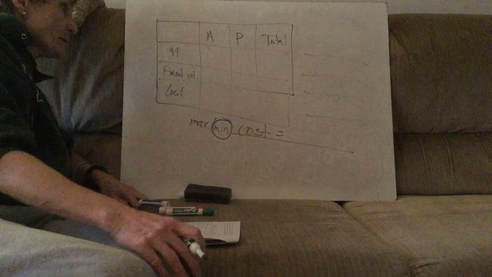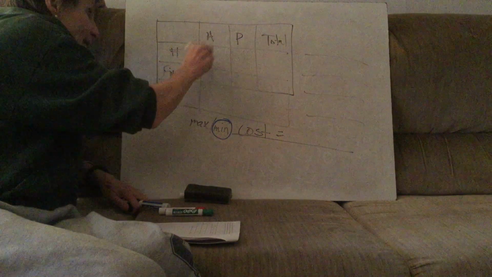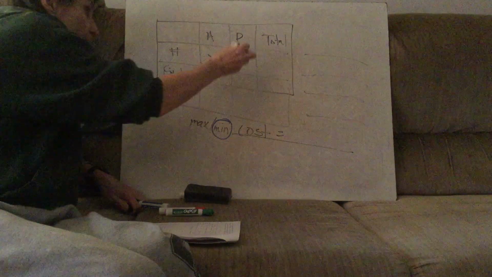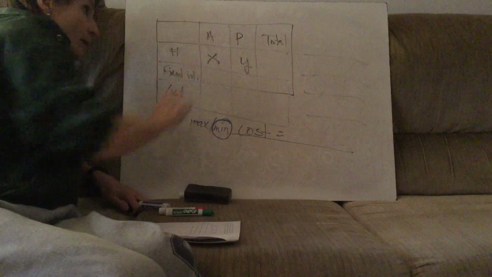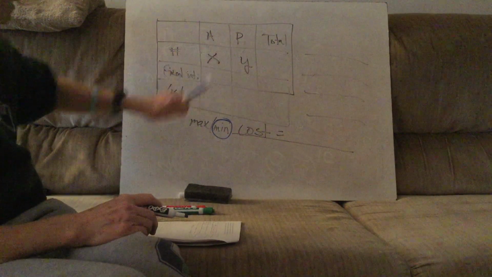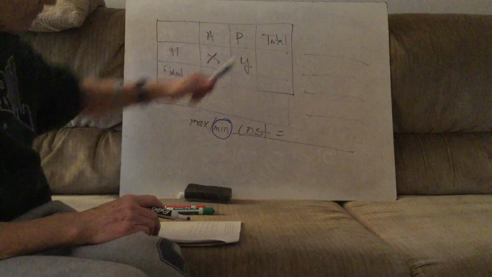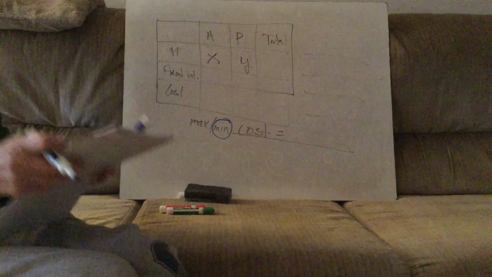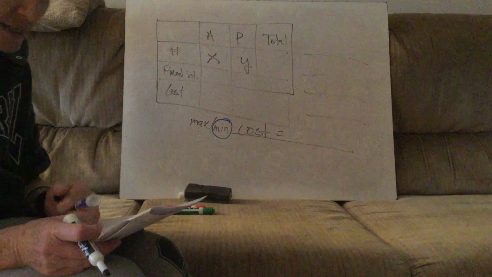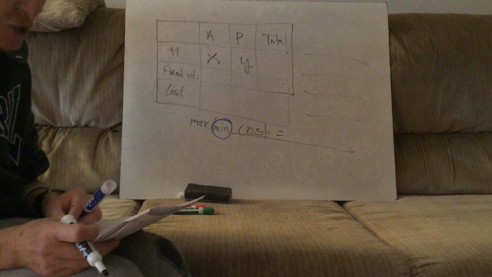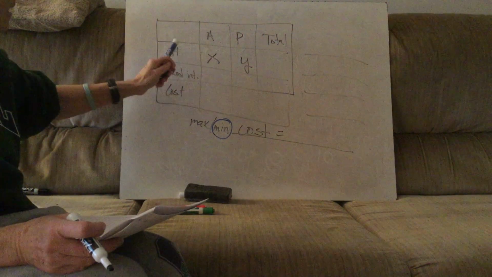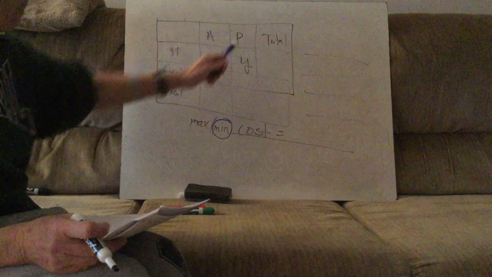Now I need some variables to define, so I am going to let X be the number of audio players and Y be the number of phones. So X is going to be the number of audios and Y is going to be the number of phones, because that ultimately is what the question's asking me. That's the very last part of the question. How many of each type should be made? So that's my X and my Y. X equals number of audios, Y equals number of phones.